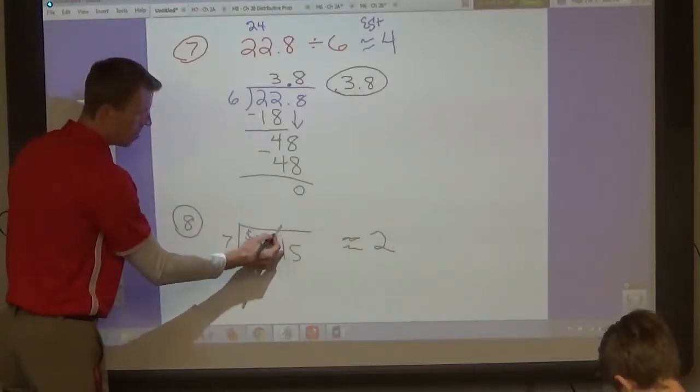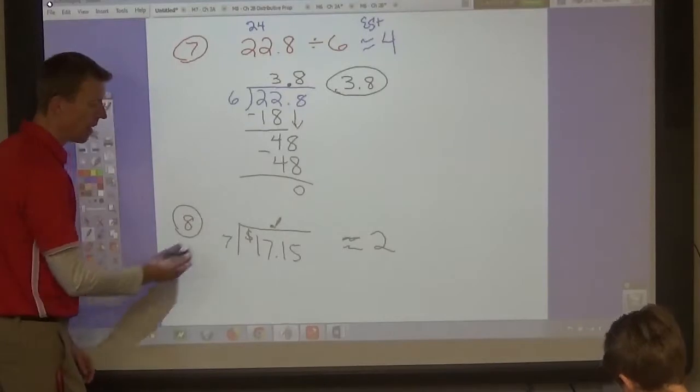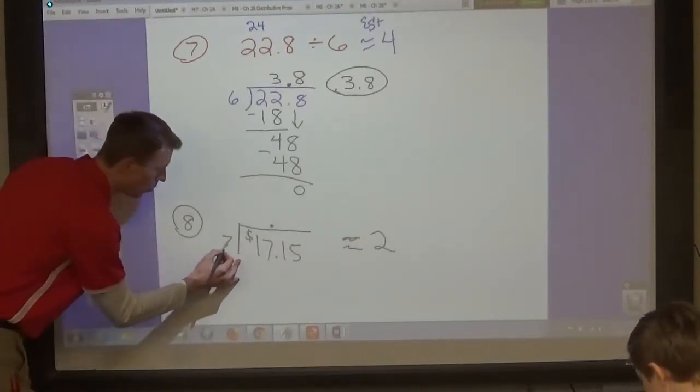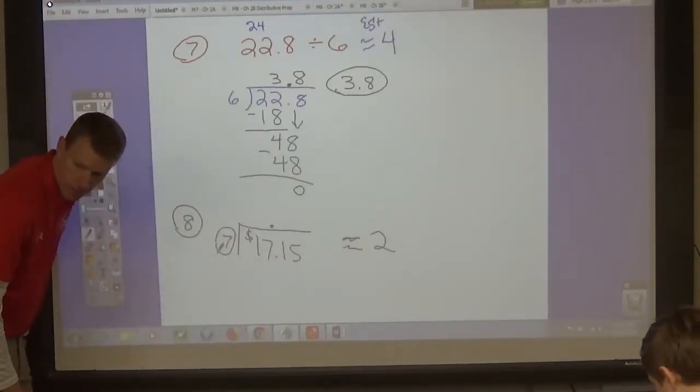Then, move the decimal point up and divide. Okay? Any questions on these? The estimate, you have to think, what does 7 go into?